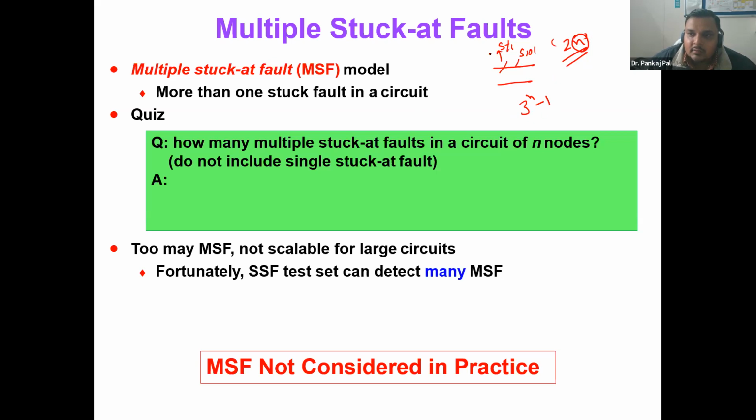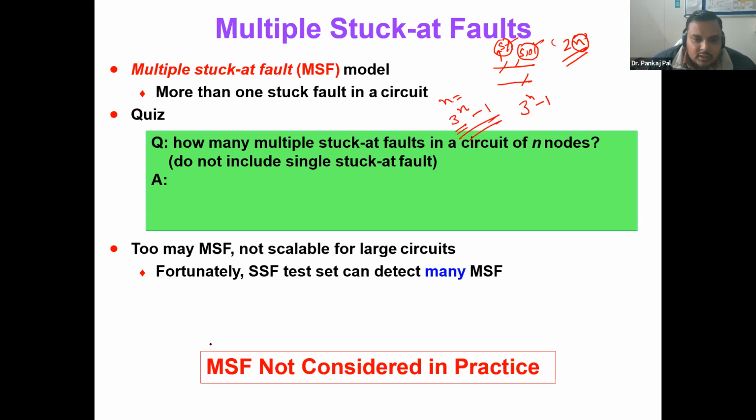Because in each line we have 3 different possibilities: stuck-at-1, stuck-at-0, or fault free. So with n lines, there are a total of 3 to the power n combinations, and definitely one combination is completely fault free. That is why we have the minus 1. So the total number of faults is 3 to the power n minus 1.